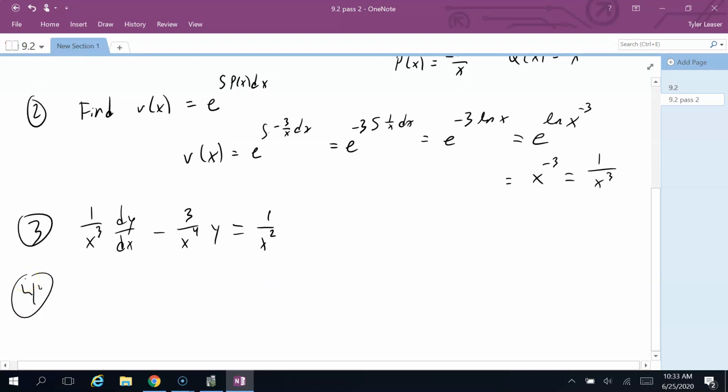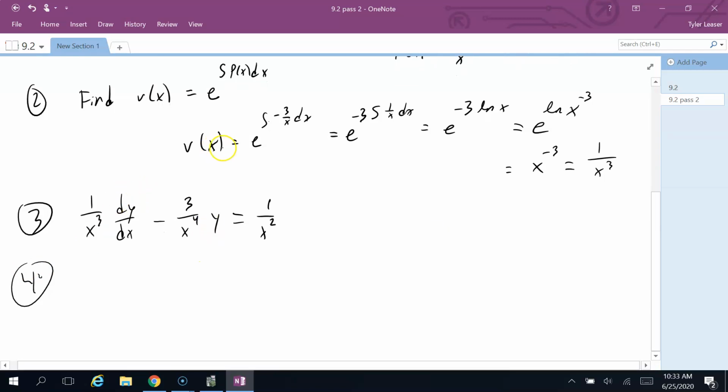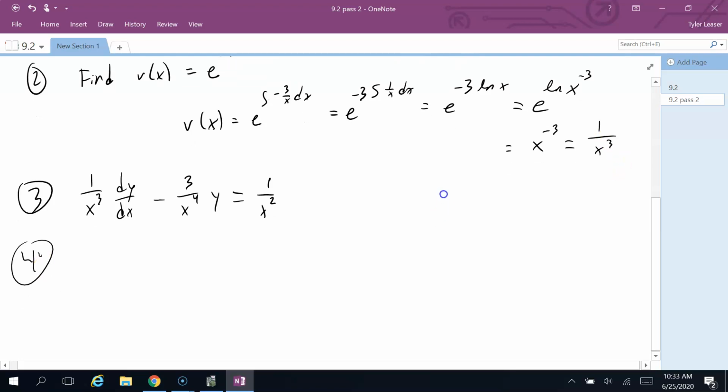The next step, and this always works, so it doesn't matter what the left-hand side looks like, the way that we found this integrating factor was so that we can do this next step here, where we're going to rewrite this left-hand side as the derivative of the integrating factor times y, which is 1 over x cubed times y.